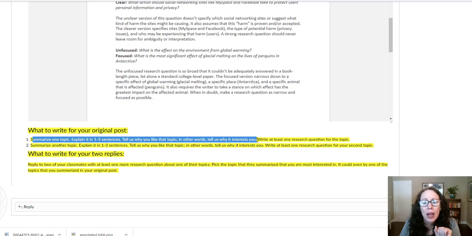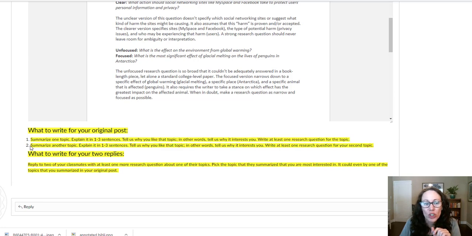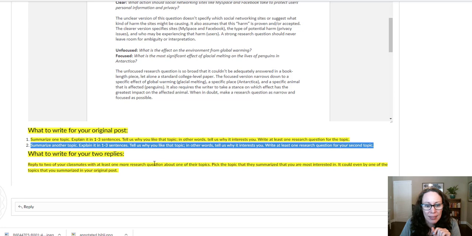Just maybe one sentence about that. You could write more, but not too much more. And then at least one good, specific, detailed research question about the topic. If you can think of more, you can put more, but at least one. And then you're going to do the same exact thing for your second topic.